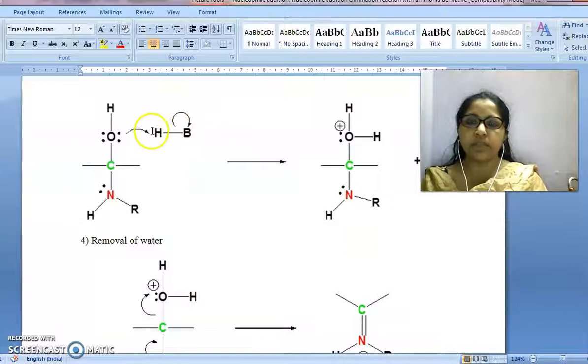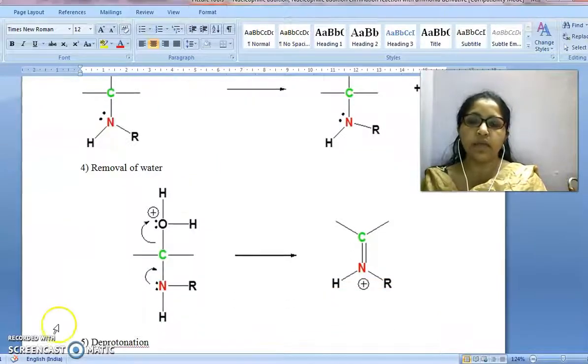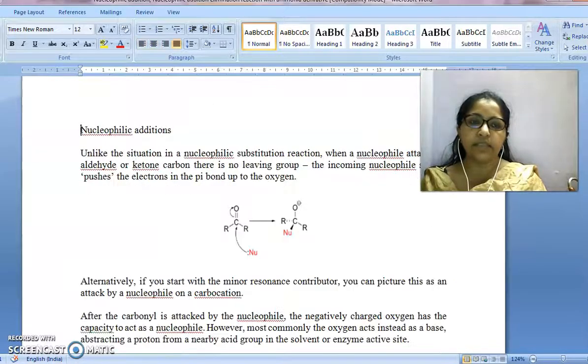This will abstract one proton from acid, and accordingly this will leave as a water molecule, and as it leaves, the lone pair takes part in formation of the pi bond, and this nitrogen is getting a positive charge.